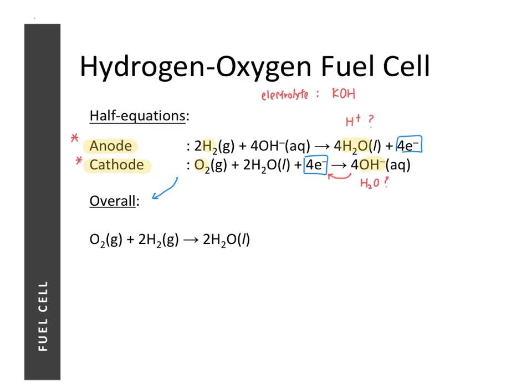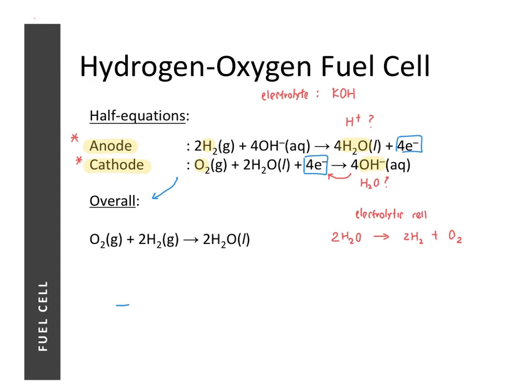Okay, so there's also some meaning to this overall equation. What it's trying to tell you is that in a hydrogen oxygen fuel cell, we react oxygen with hydrogen to form water. Now why is this reaction so special? Previously we have seen the electrolysis of water, where water is being split into hydrogen and oxygen, and this takes place in an electrolytic cell.